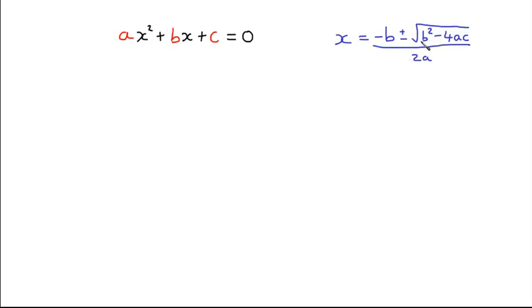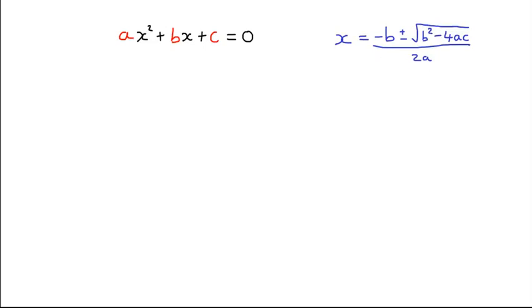Then we have the square root of b squared minus 4 times a times c. This bit is what we call the discriminant, because this bit decides whether the equation has one solution, that's one value of x, two solutions, or no real solutions. Okay, so that's the discriminant. And the last thing we've got here is the dividing by 2a underneath.